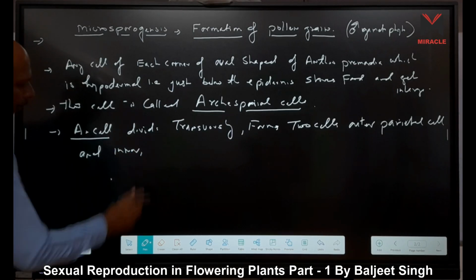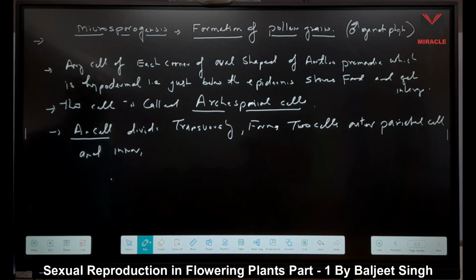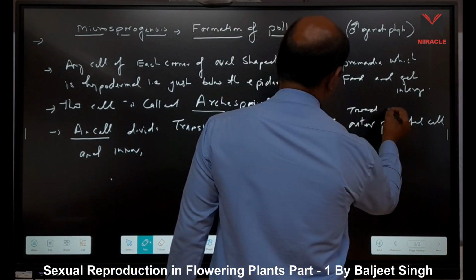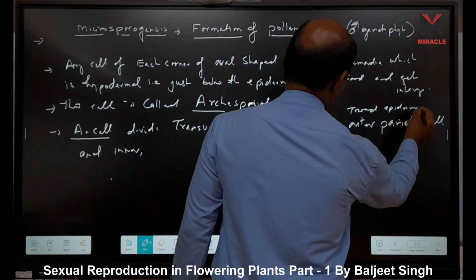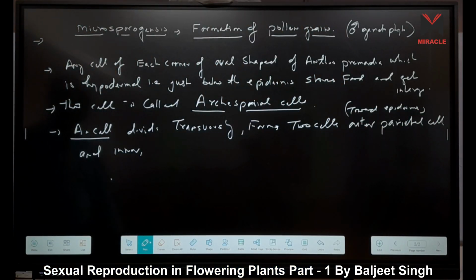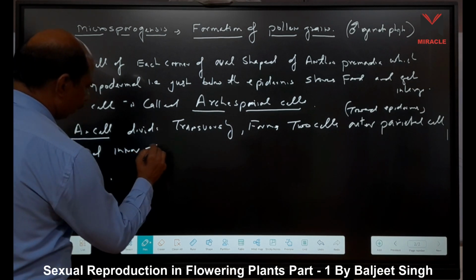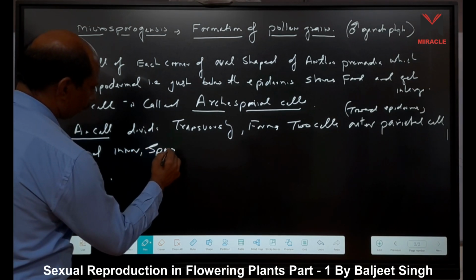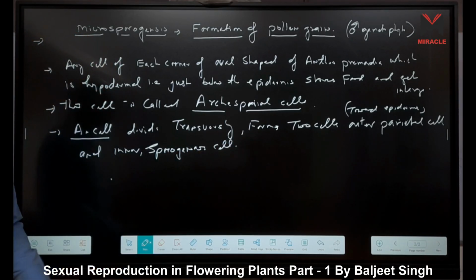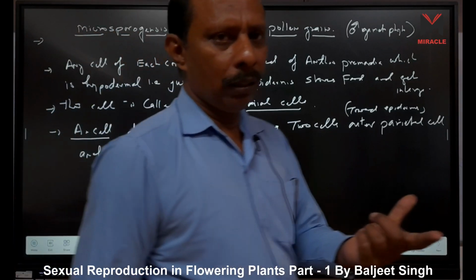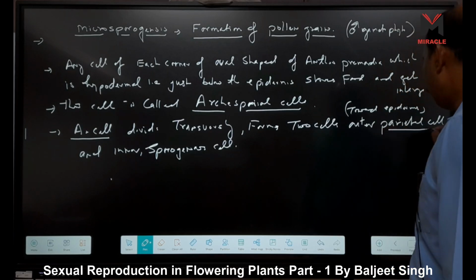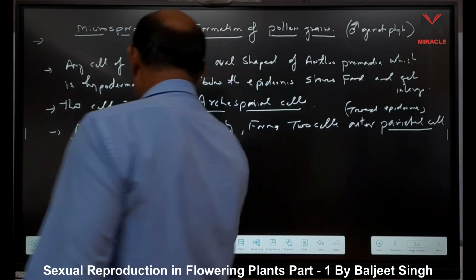Inner means toward the central region, and inner is the sporogenous cell. Two cells are formed: outer parietal cell and inner sporogenous cell, right?